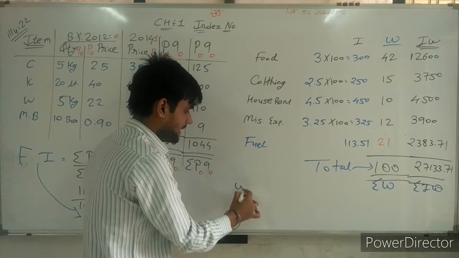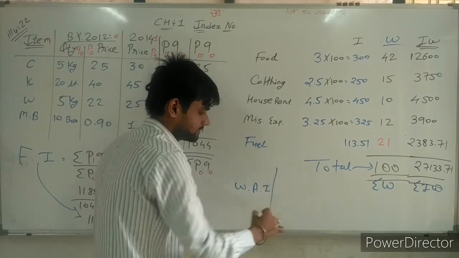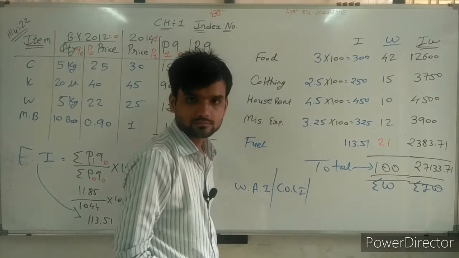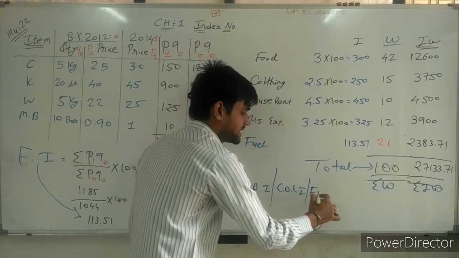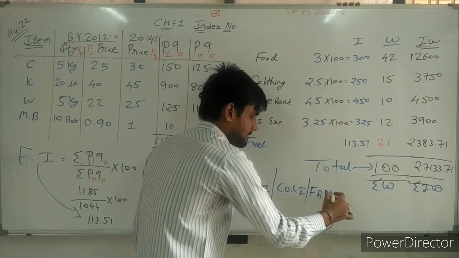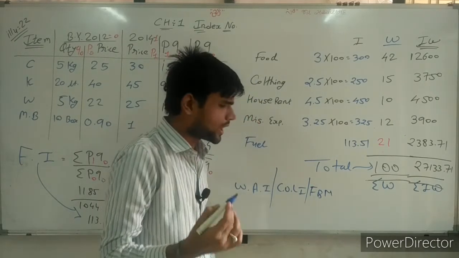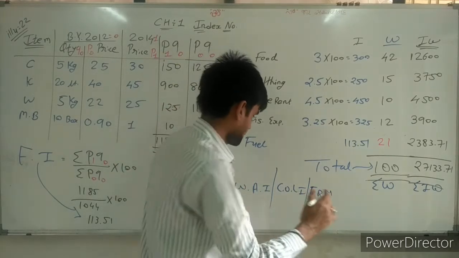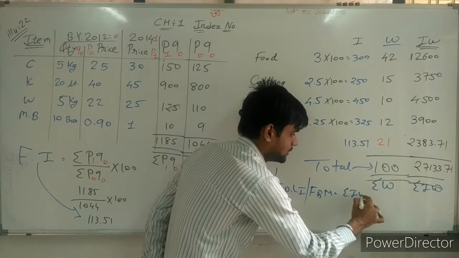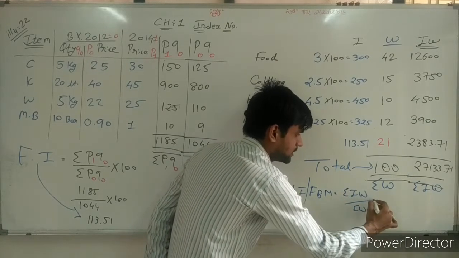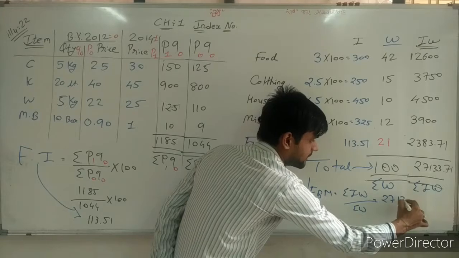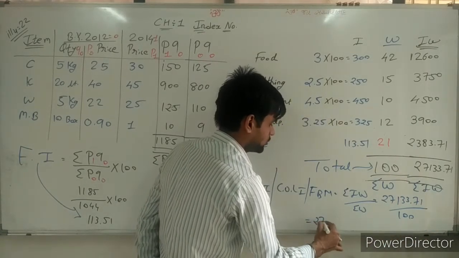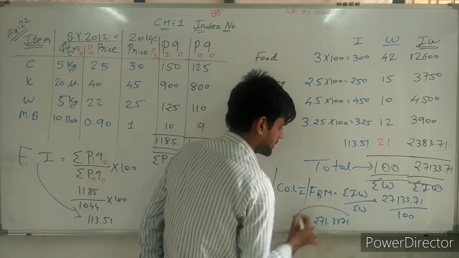Now weighted average index number, cost of living index number, family budget index number, family budget method index number, whatever name is given, you are finding only sigma IW upon sigma W. So sigma IW is 27133.71 divided by 100, and we are getting 271.3371.